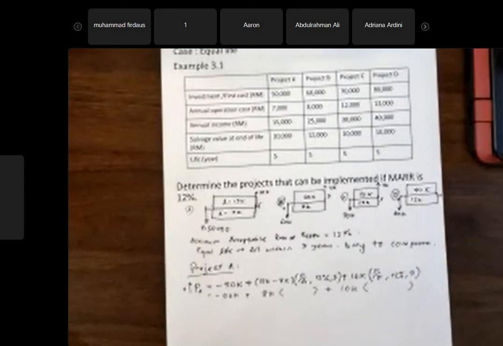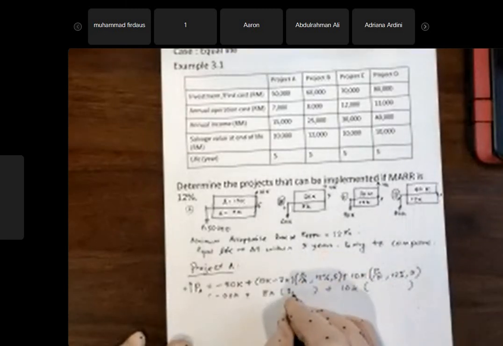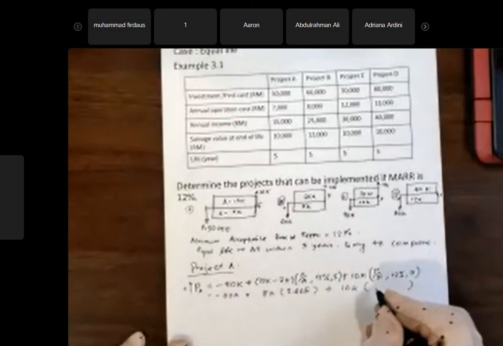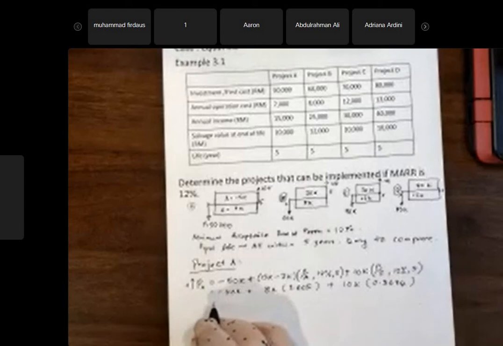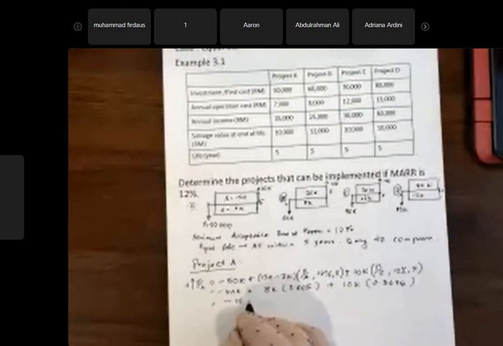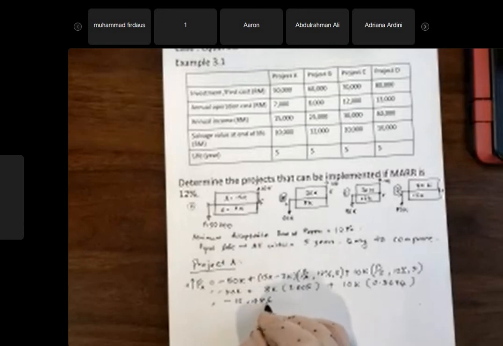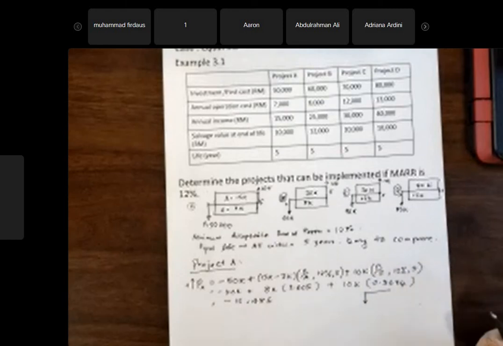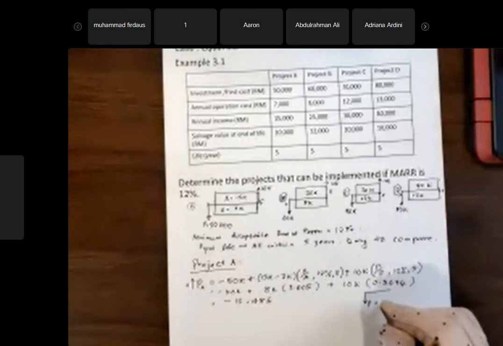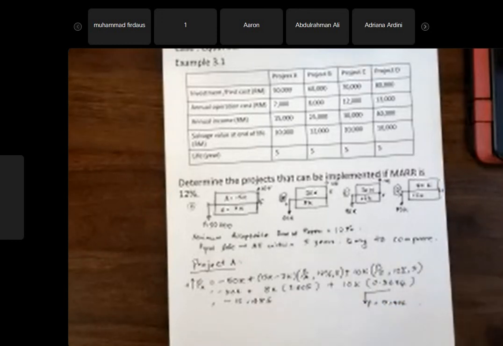The answers are 3.605 and 0.567. So you get negative 15,486. That means the direction is downward, P is downward 15,486. This is project A.